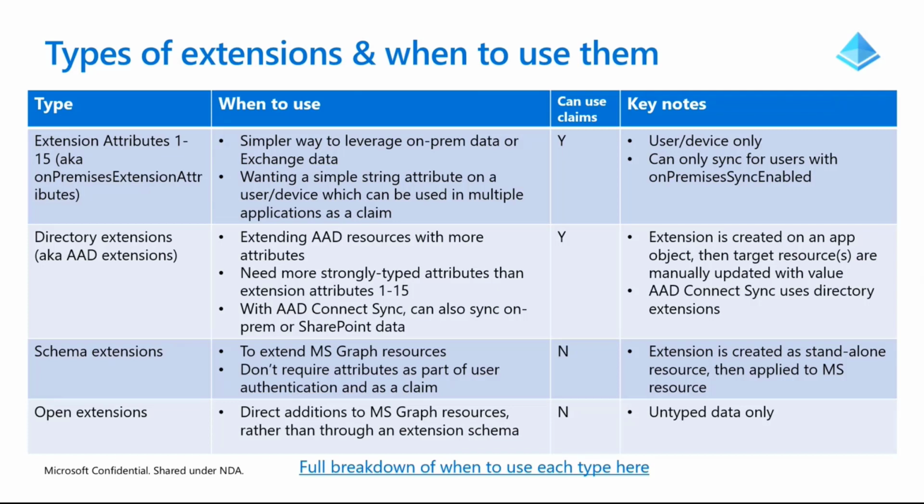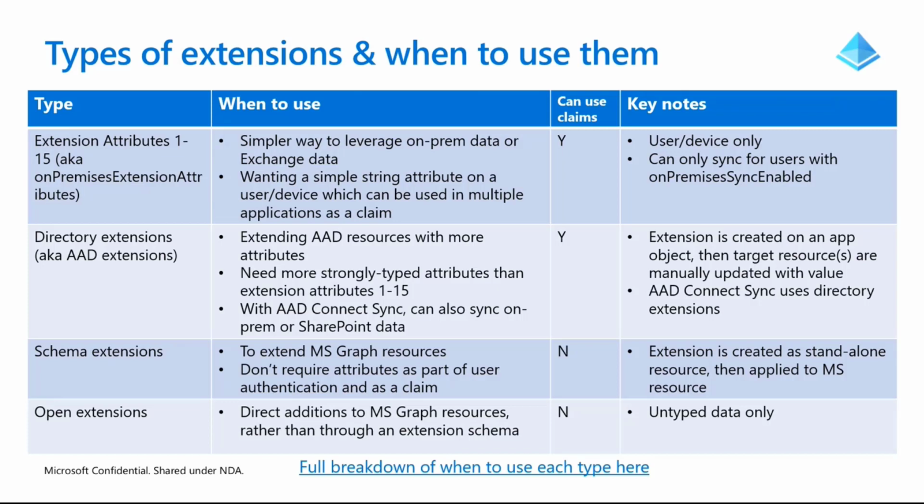And then the other MS Graph oriented item here is open extensions, where via MS Graph, you directly add a value to a resource, let's say user. So you directly add it to that. Once again, we have the trade-off of simple versus powerful, in that these are the most loosely structured types of attributes here, just strings.